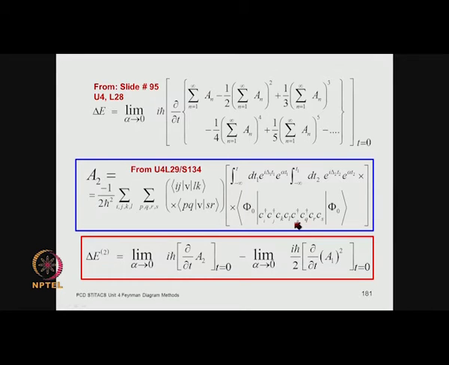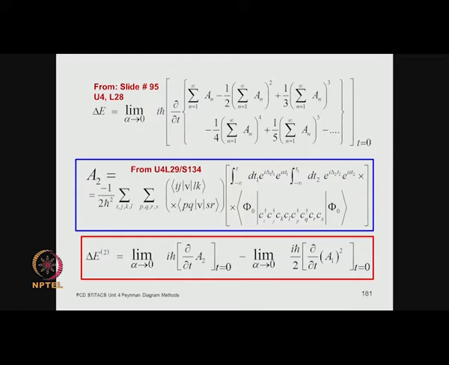Okay. Subsequently, you evaluate the contribution by taking the partial derivative of A2 with respect to time, take the value of the derivative at t equal to 0, and then take the limit alpha going to 0. This is what gives you one of the two contributions to the second order correction.